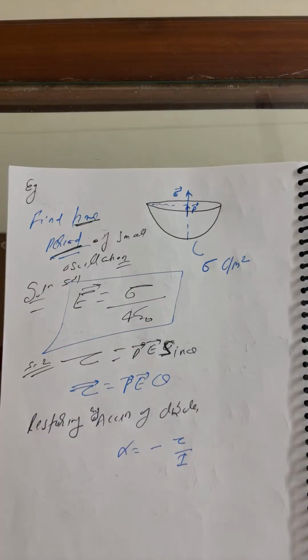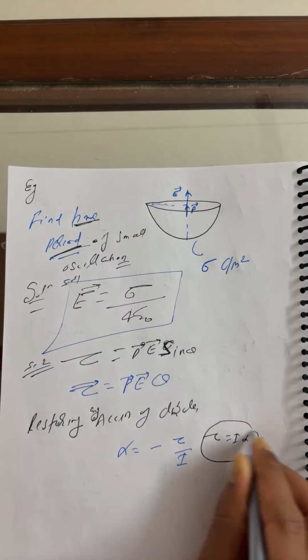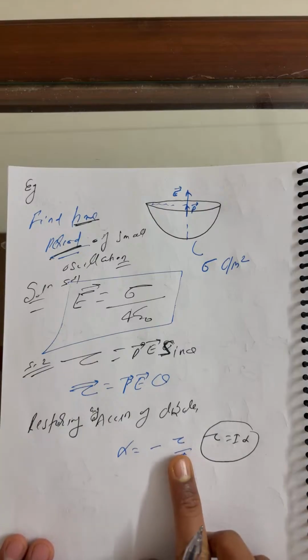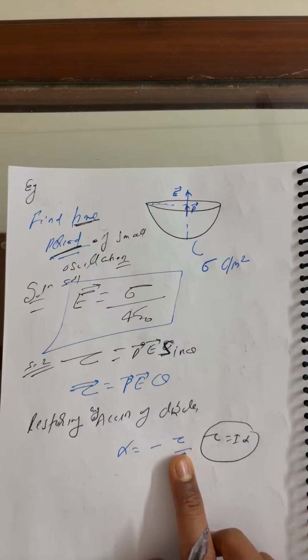Torque is equal to I alpha. So alpha is torque upon I only, right? So for this condition, what is the torque? It is PE theta.